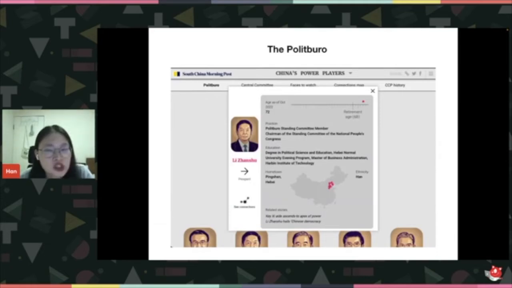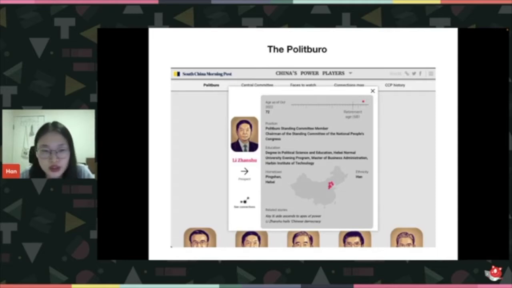This is a project we did for the upcoming 20th Party Congress. This is one of the most important events in China because the Communist Party may reshuffle its powers along the top officials. So we built a website like a data bank.